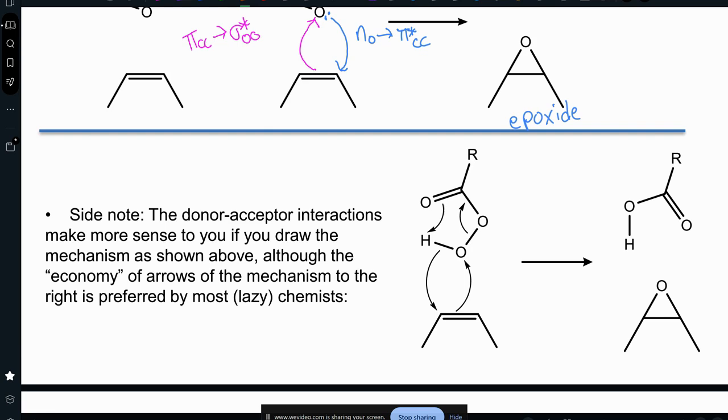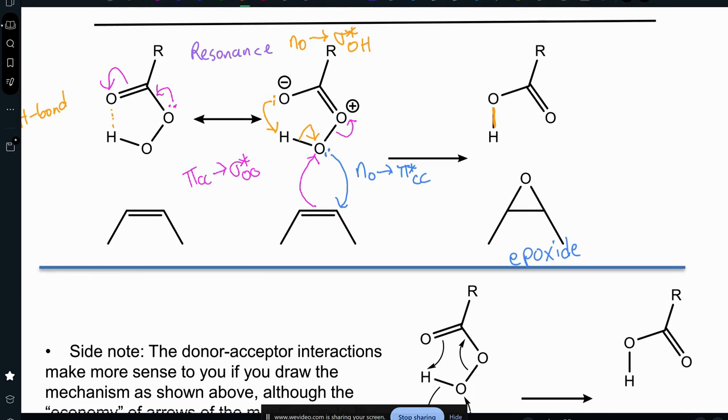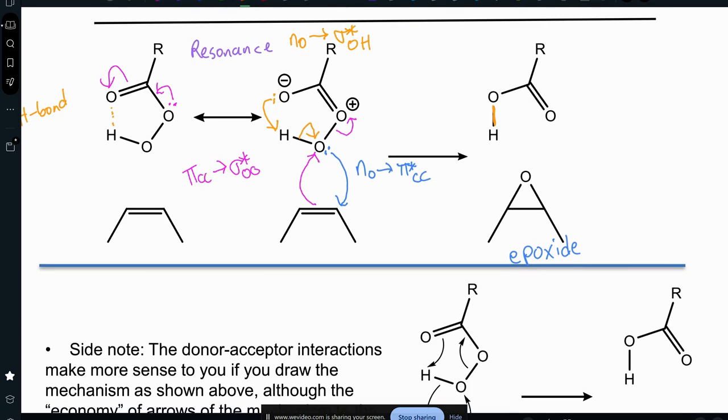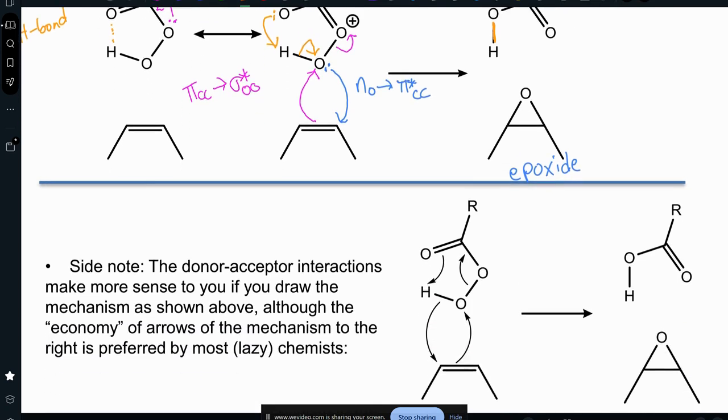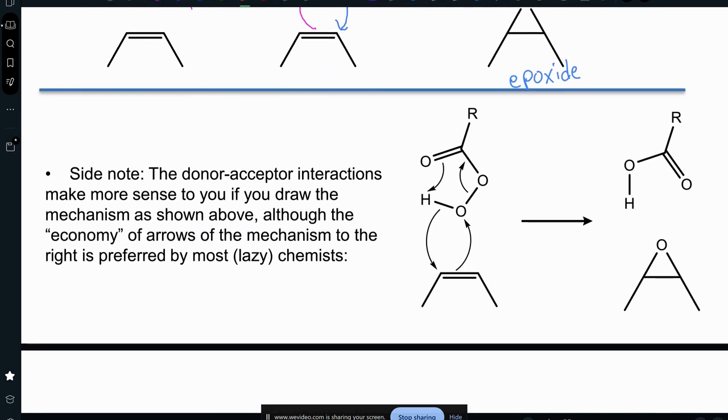But if you see someone else draw this mechanism, it will likely be drawn as shown down here with just 4 arrows, rather than having all the arrows that I drew to go to the alternate resonance structure and then to move the electrons in the reaction step. Either one of those would be acceptable in my book, but a lot of chemists would just draw it as shown here at the bottom. Just be aware of that.